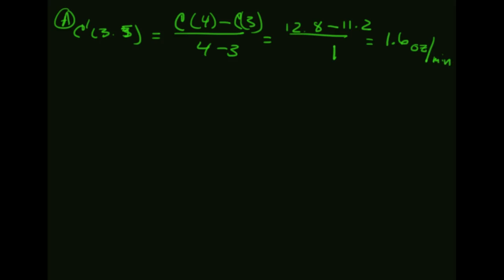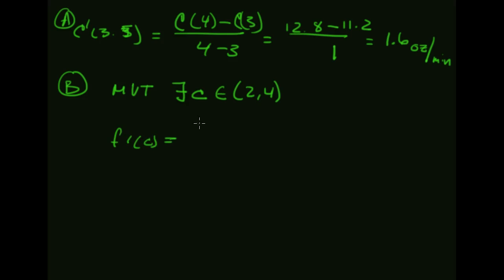Part B needs you to read between the lines a little bit. It says, is there a time between 2 and 4 where the derivative is 2? Okay, so MVT says that there exists c on the interval 2 to 4, which is differentiable, where f prime of c has to equal C of 4 minus C of 2 over 4 minus 2.